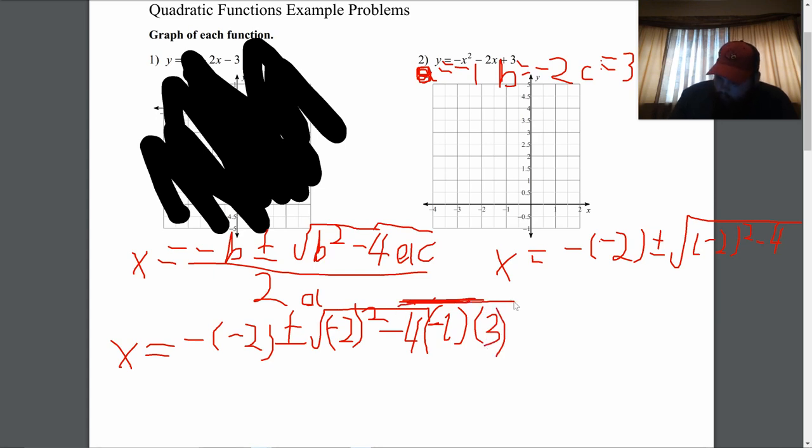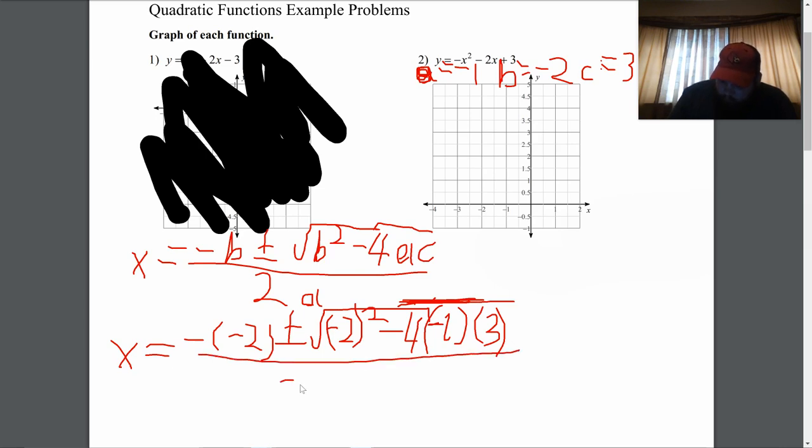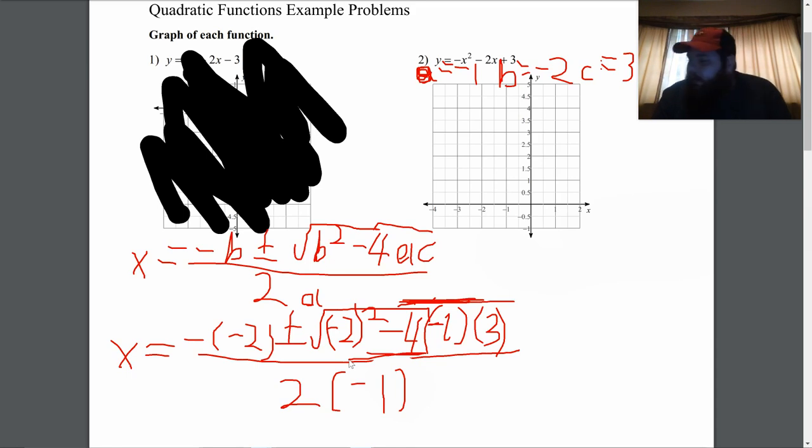Let's get rid of that old one. I kind of ran out of space there. And this is all over 2 times negative 1. I think I'm just going to have to get better at writing with this, because wow. You'll just have to take my word, those are actual numbers.